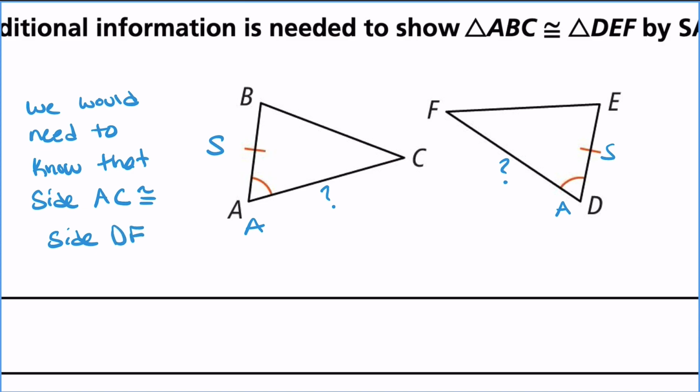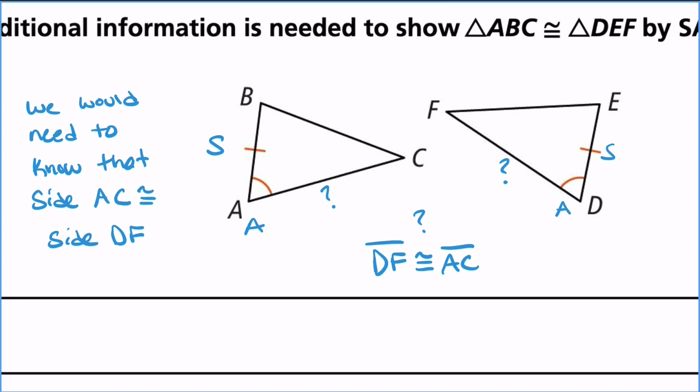So our missing piece of information is DF would have to be congruent to AC, or vice versa.